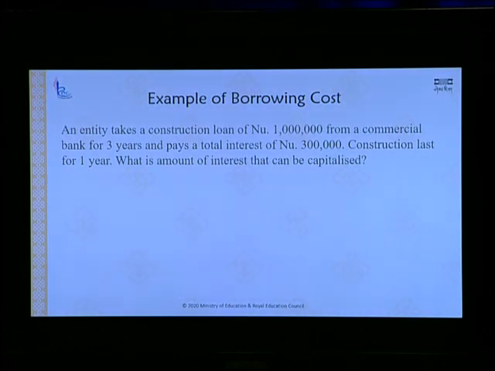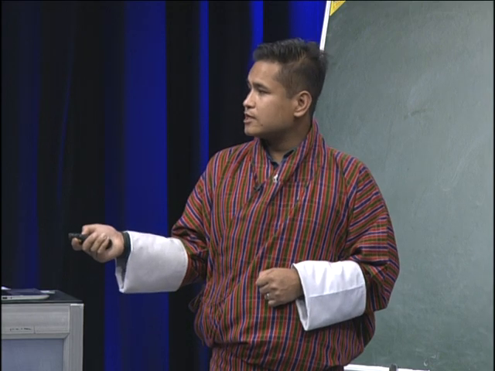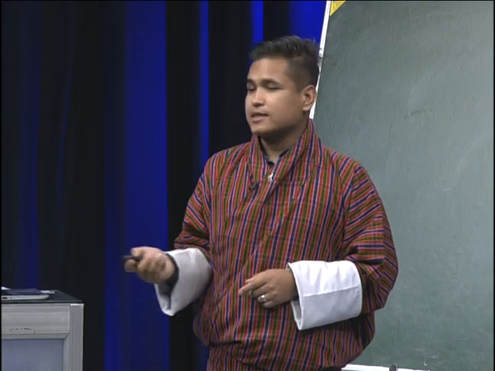Now, let us see the journal entry for this treatment of the borrowing cost. First, you can see property, plant and equipment, which is building, debited with 100,000. Then we have finance cost, which is an expense, of 200,000, debited, to cash or accounts payable of 300,000.